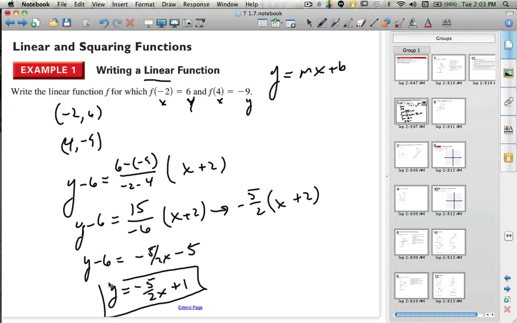And now I've written my equation. Okay, so we identified 2 points, used the 2 points to create slope, and then used the point slope formula. This is also referred to by the trigonometry textbook as the 2-point formula instead of point slope.